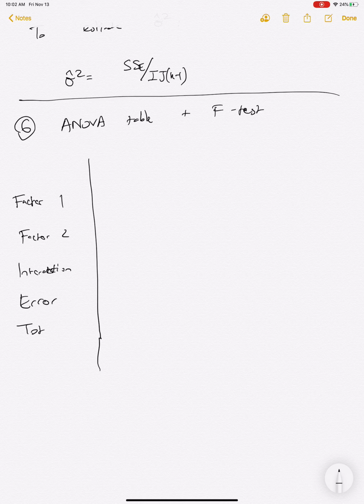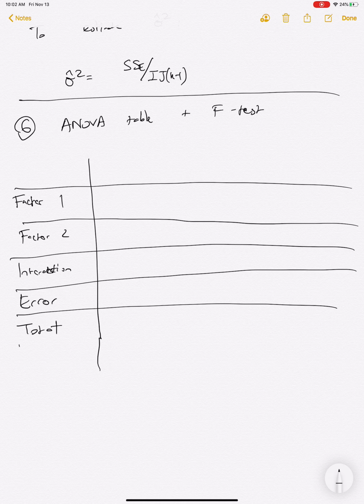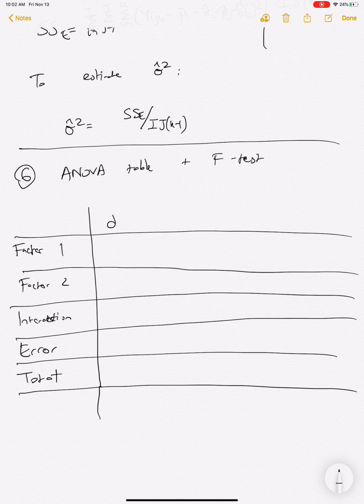And then we have the total. So now we have 5 rows that we need to think about here, because we have 5 terms in the expression. So if we look at degrees of freedom, sum of squares, and then we have mean squares, and then the f.